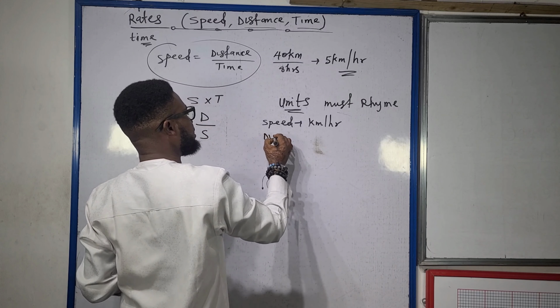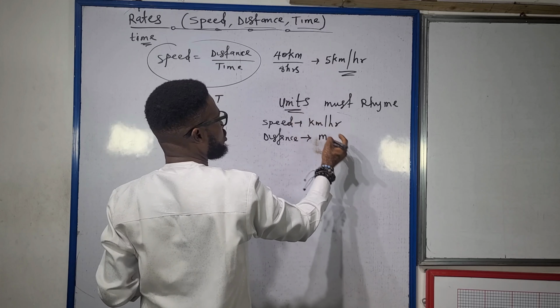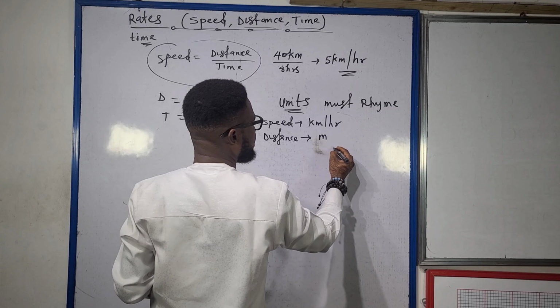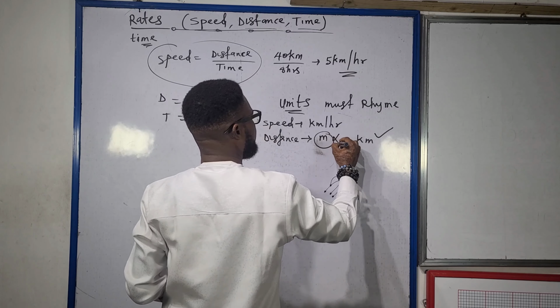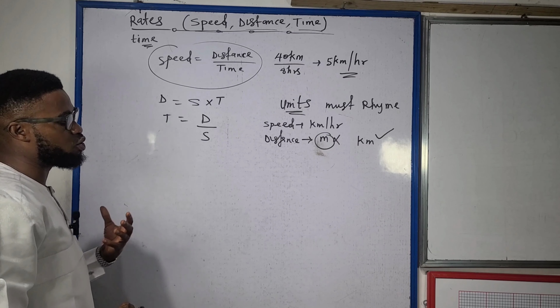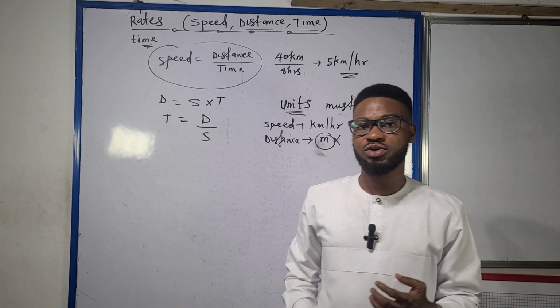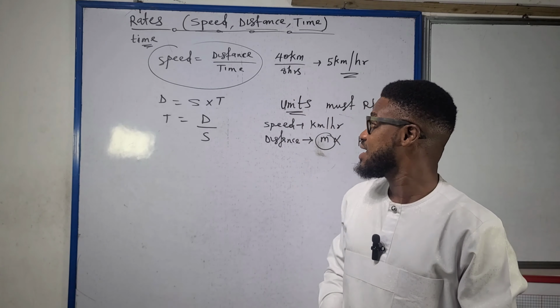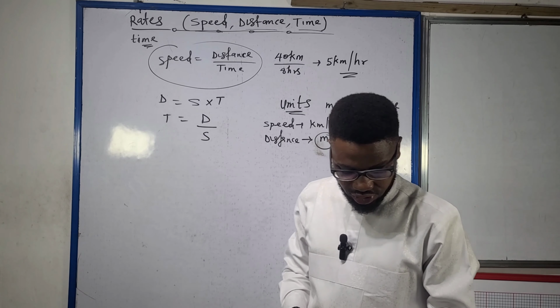Then you cannot say distance in meters. They do not rhyme. You have to change this to kilometers. That is when they can rhyme. So when you talk rate, we are comparing quantities as against time. One of the things we have to do when dealing with questions involving rate is to make sure that units rhyme and we use our units the right way.